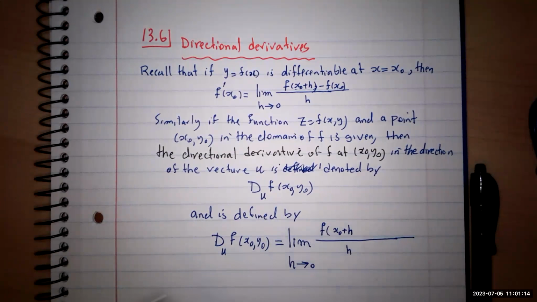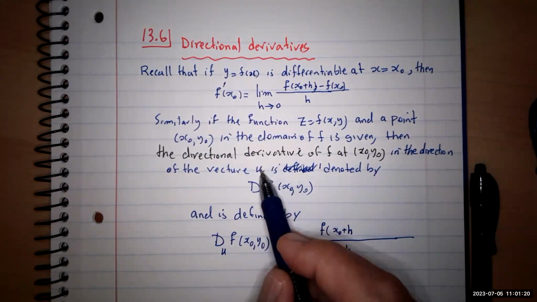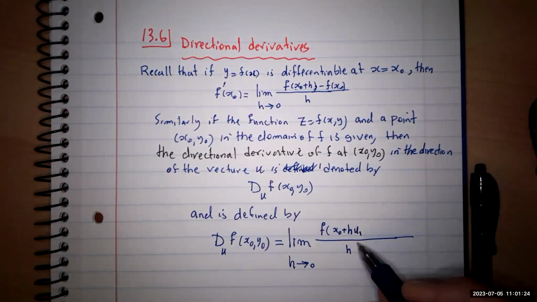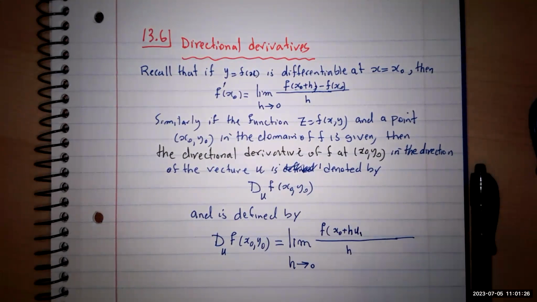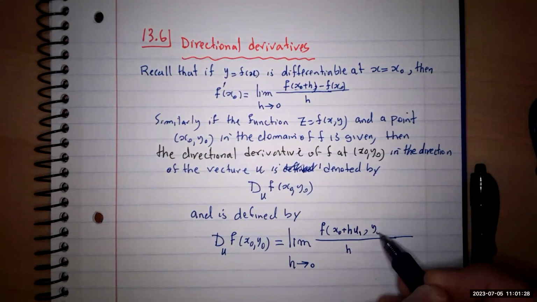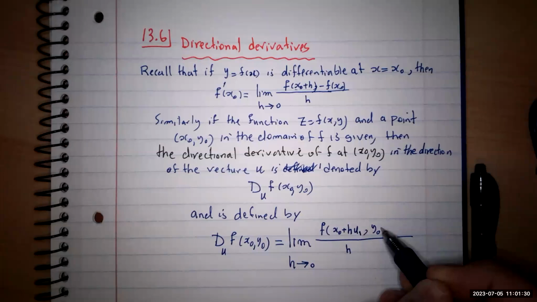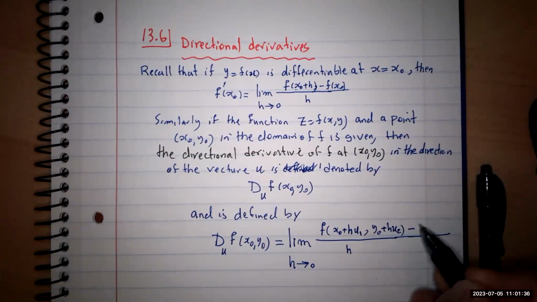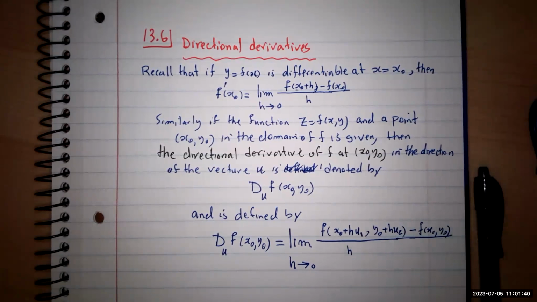Then I have to bring a vector over here. I put u1, a component of this one: x0 plus h u1, and y0 plus h u2. Now minus f of x0, y0.